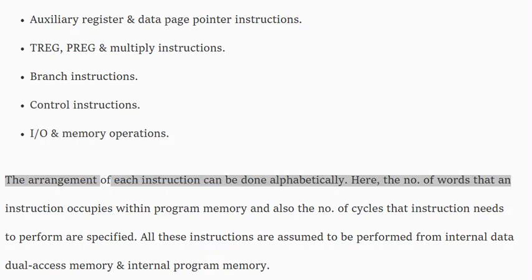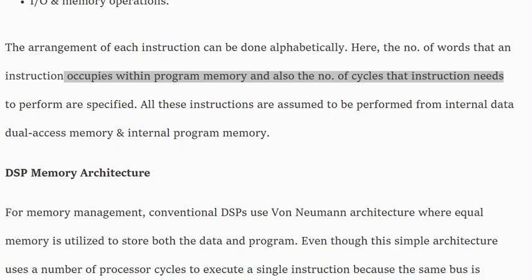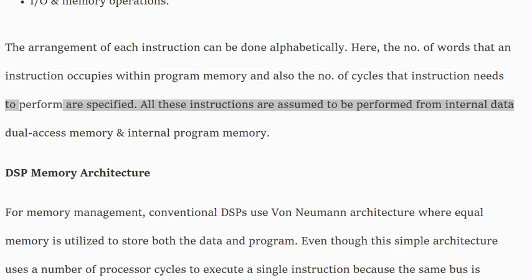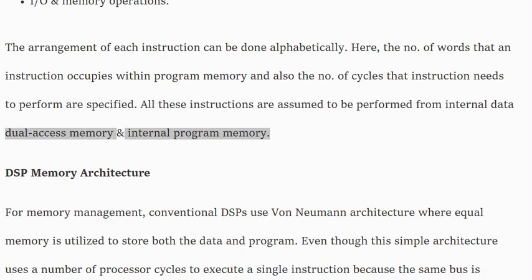The arrangement of each instruction is done alphabetically. Here, the number of words that an instruction occupies within program memory and also the number of cycles that instruction needs to perform are specified. All these instructions are assumed to be performed from internal data dual-access memory and internal program memory.